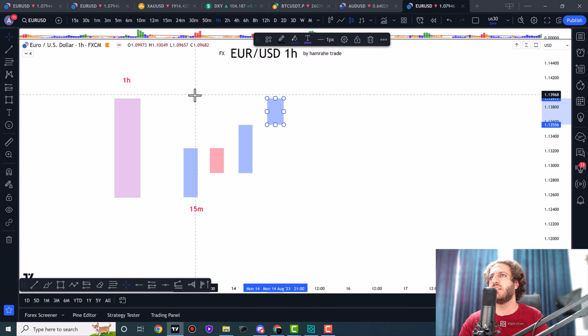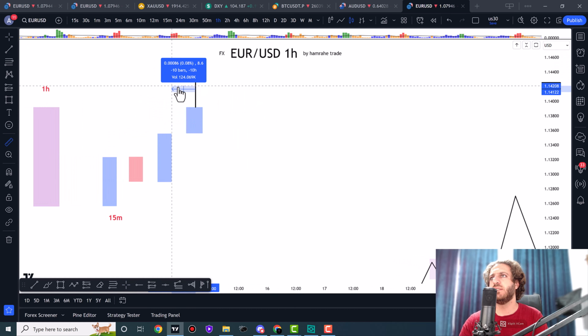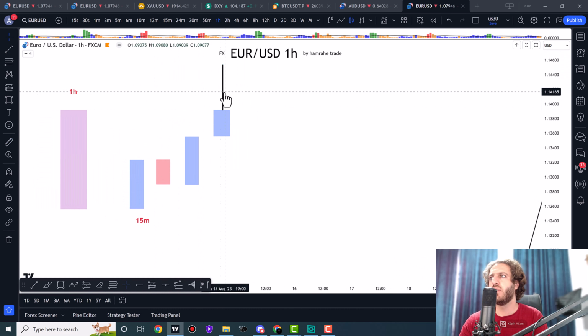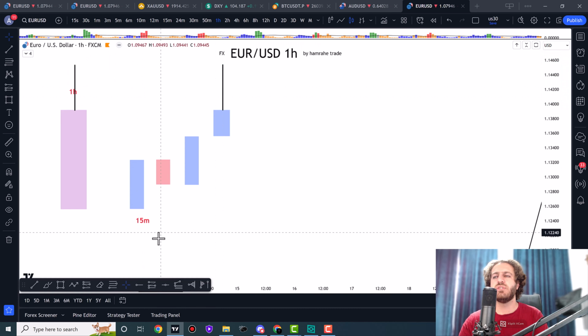And this candlestick, for example, can have a long shadow which makes the shadow of this candlestick as well. So this is the concept of time frames.